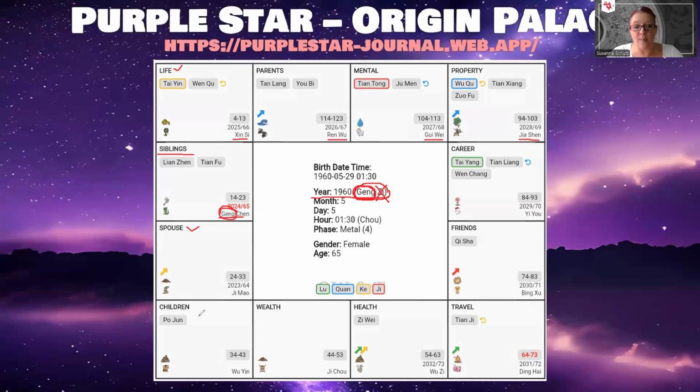Now, then we've got the Wealth Palace. If you have your year stem in the Wealth Palace, then money is a critical factor in life. Everything you do in life is about money and about finances. You base your life decisions on the monetary value or the monetary outcome of a decision, including when you choose a spouse.